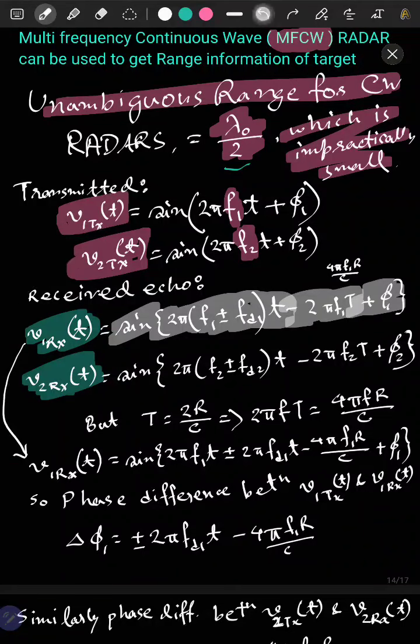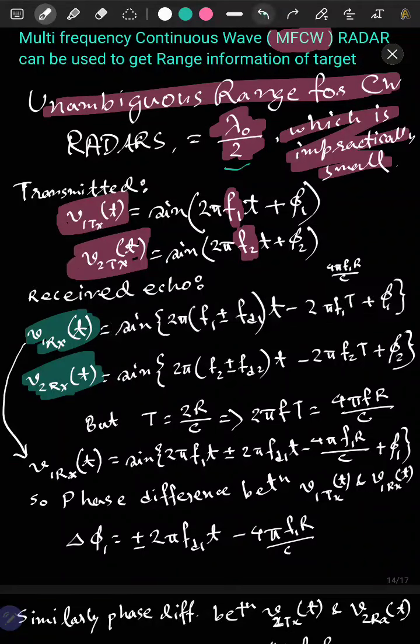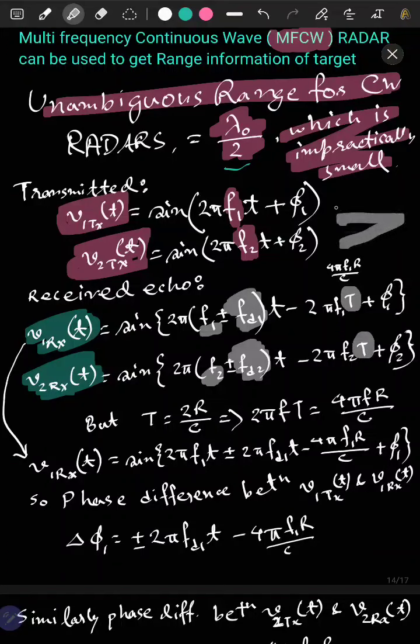Here fd1 is the Doppler frequency associated with the frequency f1, and fd2 is the Doppler frequency associated with the frequency f2. And this capital T is the time taken by the signal to travel from the transmitter to the target and back to the receiver.